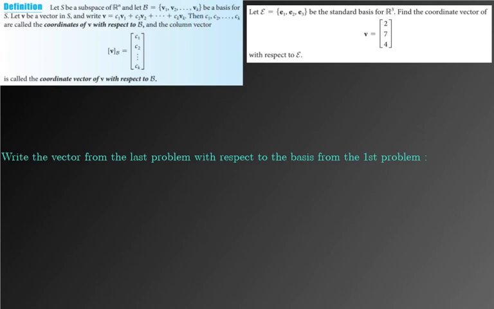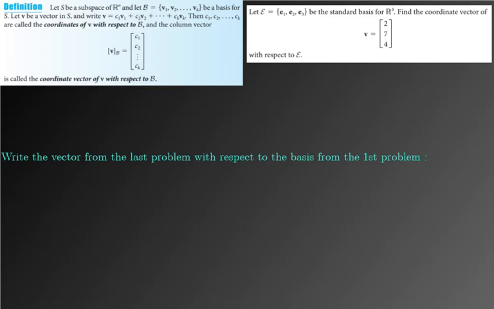There's a notation where we put little brackets around the vector v, and write a script B, and then list c1, c2, c3, all the way down. These are what we call the coordinates of v with respect to that basis. It seems kind of weird, but it's quite important when we get to change of basis.